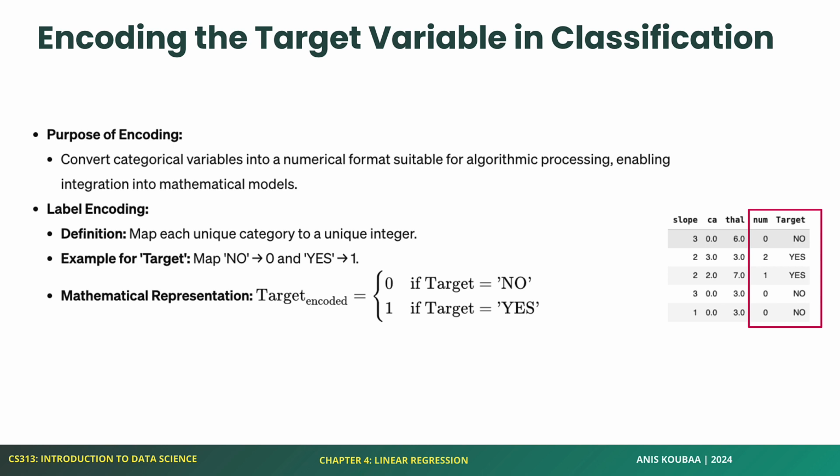For example, if I have yes or no outcomes, I can replace no by 0 and yes by 1. And this is a mathematical representation. The encoded target is equal to 0 if the target is no, and equal to 1 if the target is yes. But this is just a scalar representation, and usually we deal with vector representations.